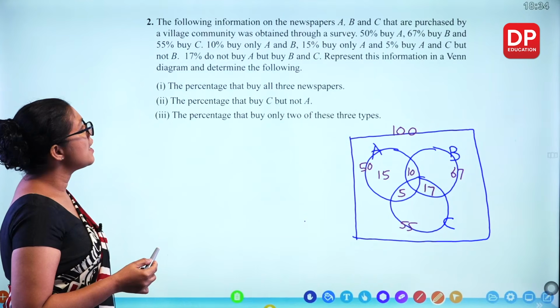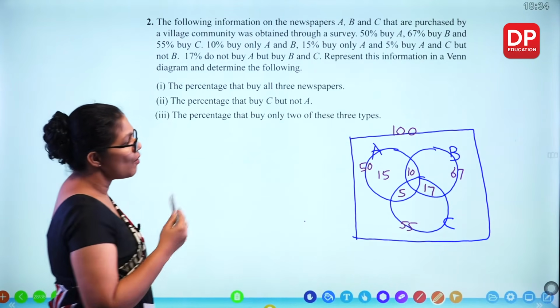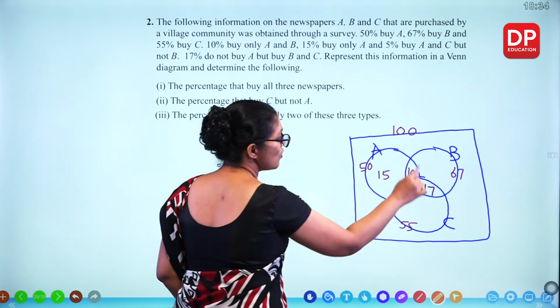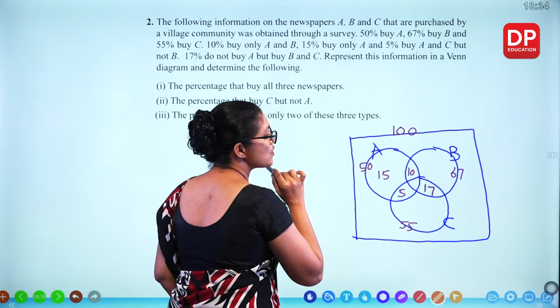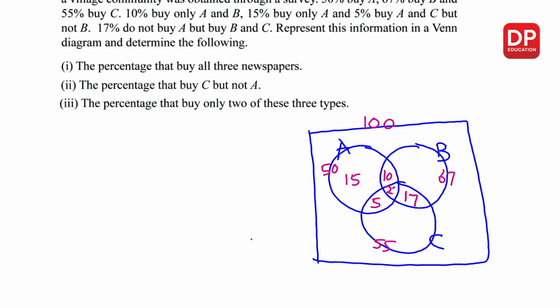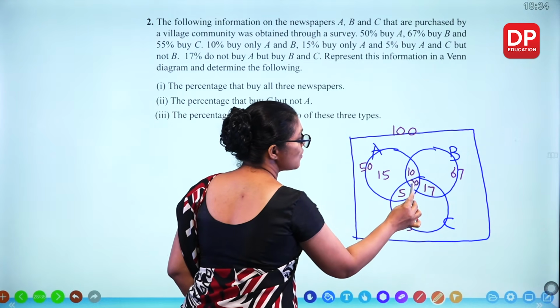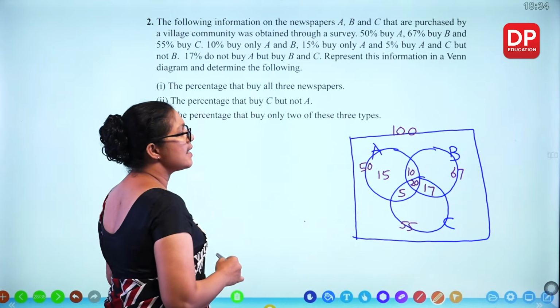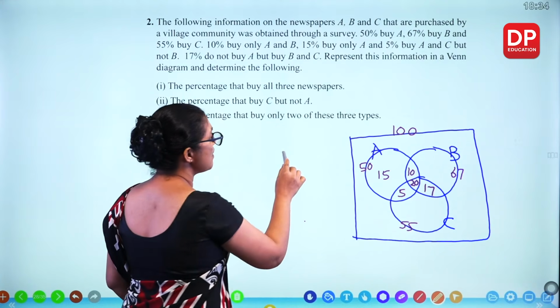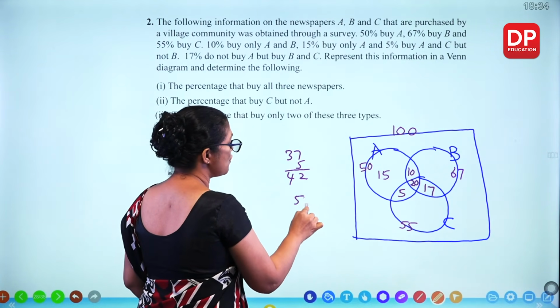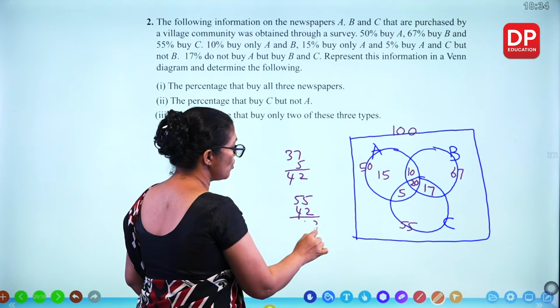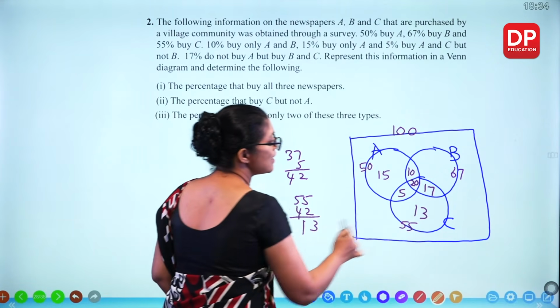The percentage that buy all 3 newspapers. Now we'll try to fill this. So the whole circle is 50. 15 plus 5 is 20. 20 plus 10 is 30. This should be 20. Now when you take this circle, 20 plus 17, you get 37. 37 plus 5, you get 42. 55 minus 42, that's 13.